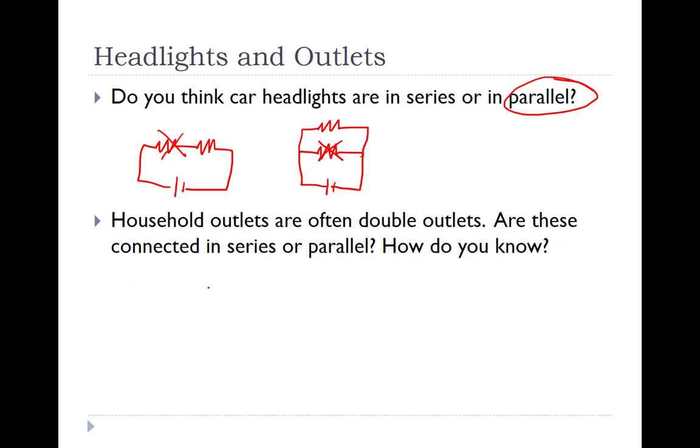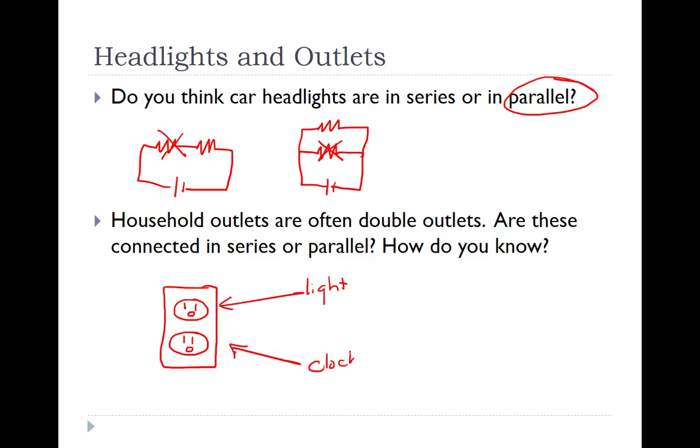Okay, on to household outlets. If I think about a standard set of household outlets, and I'm doing my best to draw, so bear with me. Look like little faces, right? Are these connected in series or parallel, and how do you know? Well, I could plug a light into this one, and I could plug a clock into that one, and I can unplug the light, turn off the light, do whatever I want with that light, and the clock is not going to be affected.